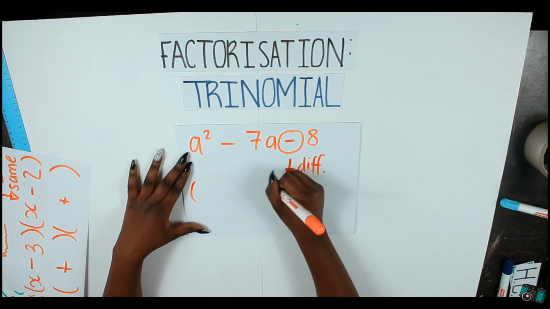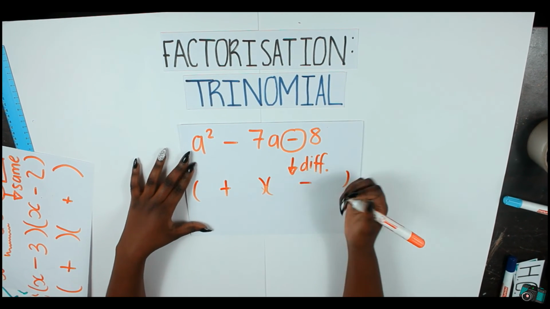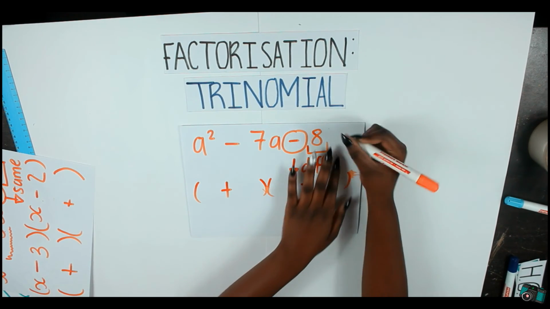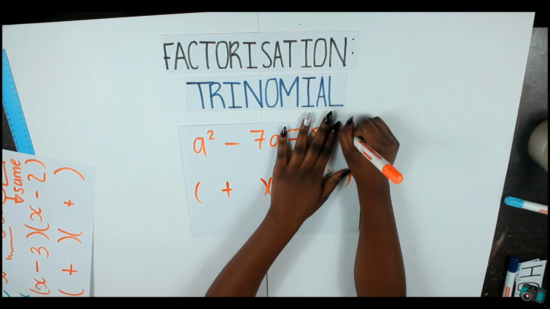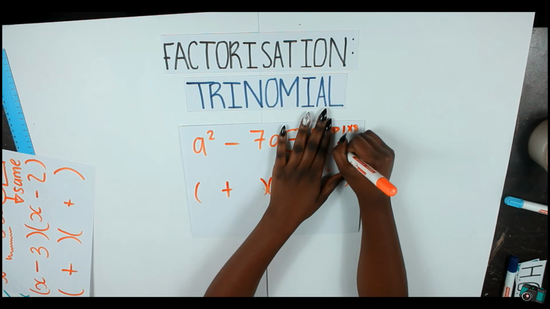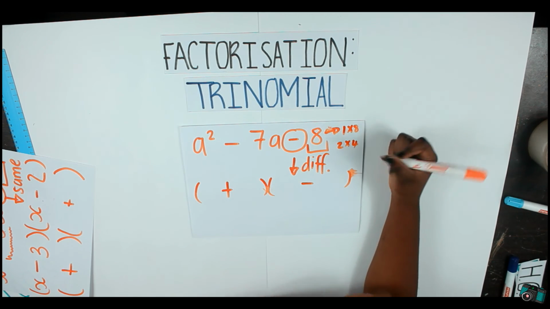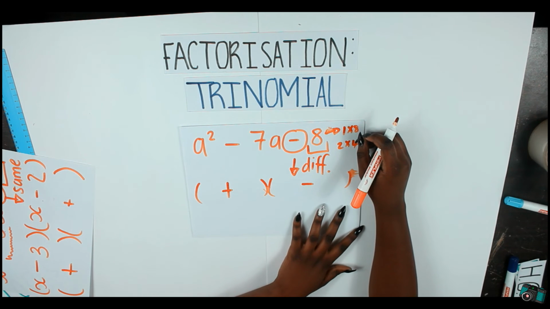So it's going to be a plus and a minus, or the minus comes first and then the plus. Then this number, again, you get the factors. It's always going to be the same number, this one. 1 times 8, 2 times 4, and that's about it. How would you get to negative 7?